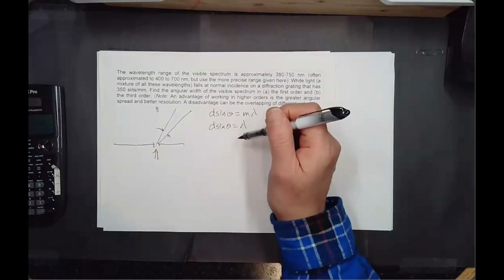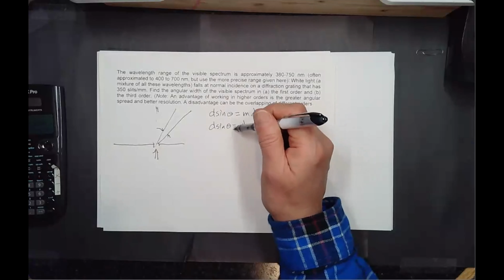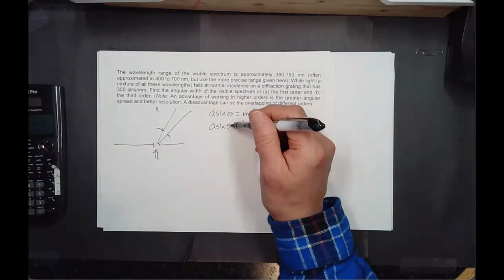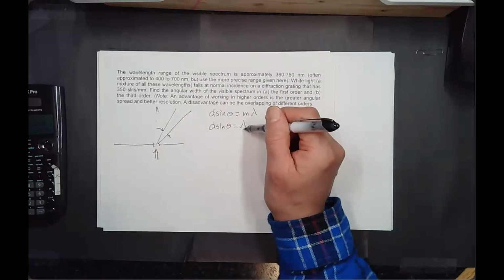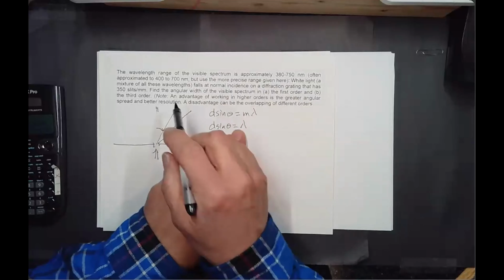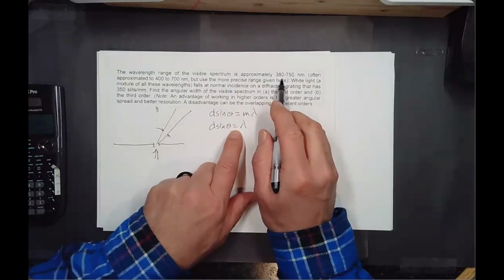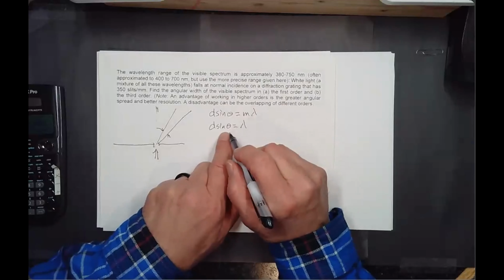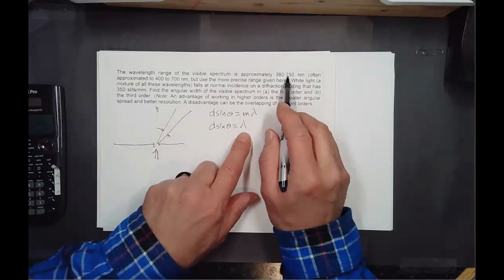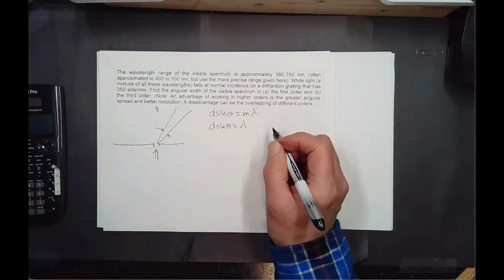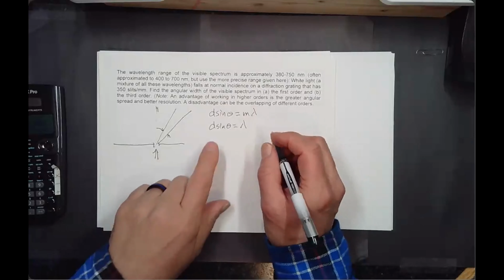And the angle actually depends on the wavelength. So for the shorter wavelengths of violet light, 380 nanometers, the angle would be smaller. And then for the red, it's going to be larger.